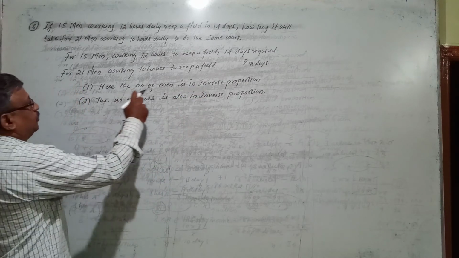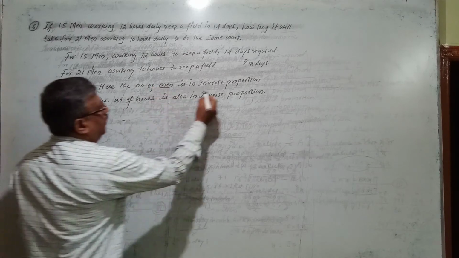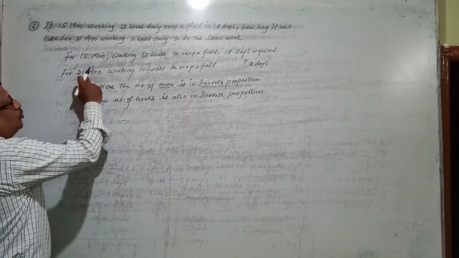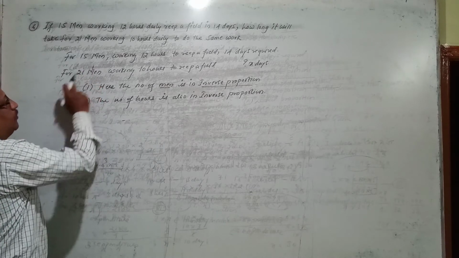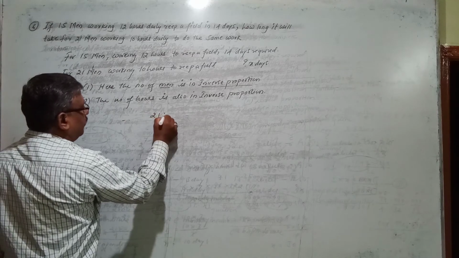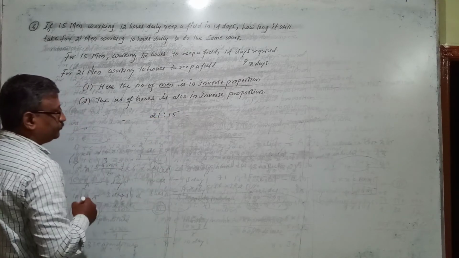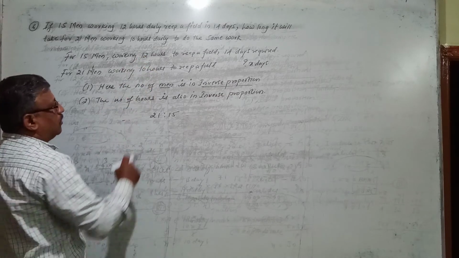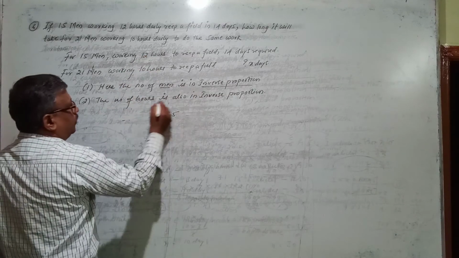So the first ratio is what? It is men, right? It is in which proportion? Inverse proportion. So the ratio of men is written in inverse proportion. How do you write it? 21 is to 15. Then next is what? Hours. So it is also inverse.